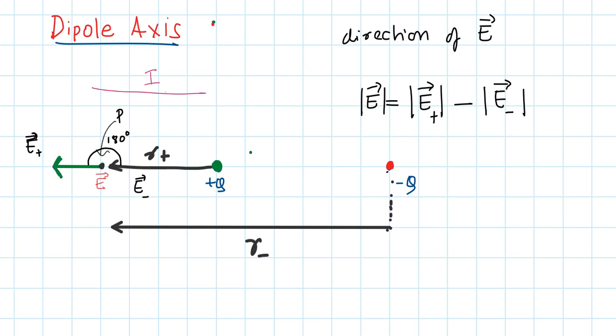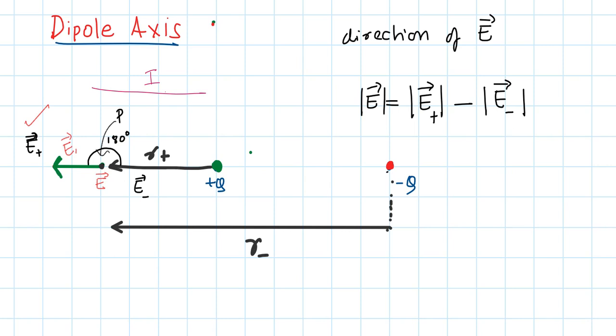Now this, my fellows, is the resultant vector. The direction is given by the fact that the total electric field will be pointed towards the larger arrow. In this case it was E plus, so the net electric field E must be pointed in the E plus direction.